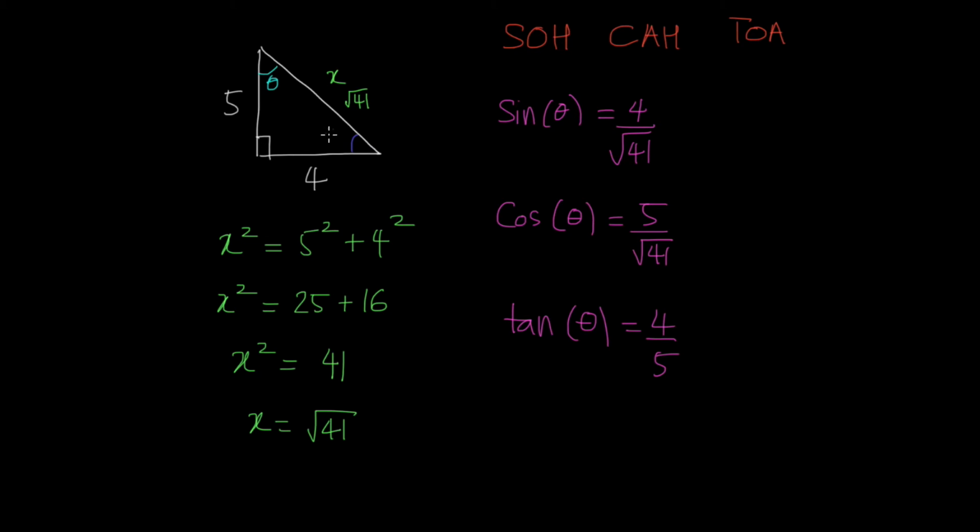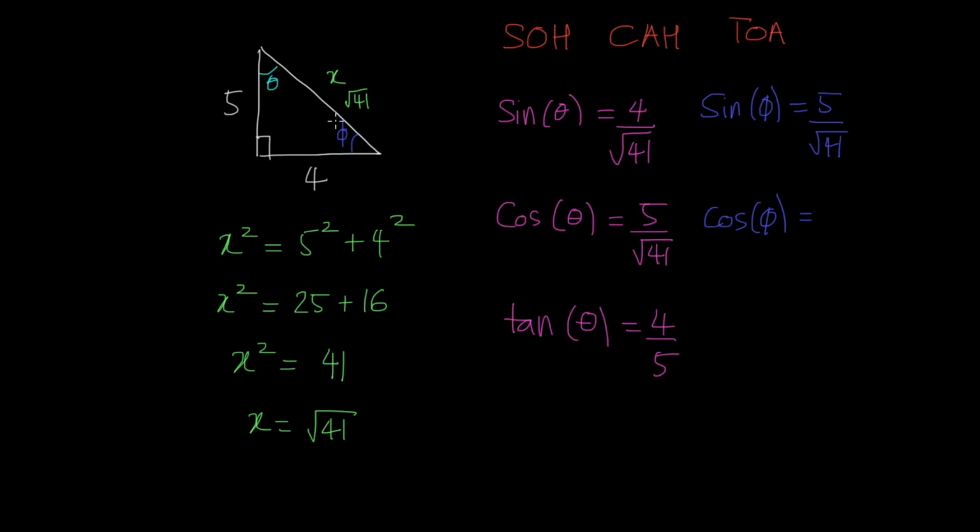Okay, so now let's try to find the measures of this angle. So let me call this angle phi. Okay, that's another Greek symbol. So the sine of phi would be, sine again, opposite over hypotenuse. The opposite side to this angle is 5. So we have 5 over square root of 41. Now my cosine of that angle phi is adjacent over hypotenuse.